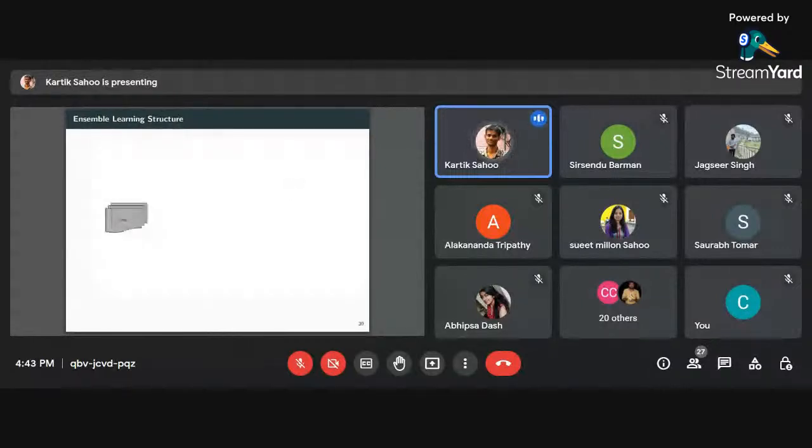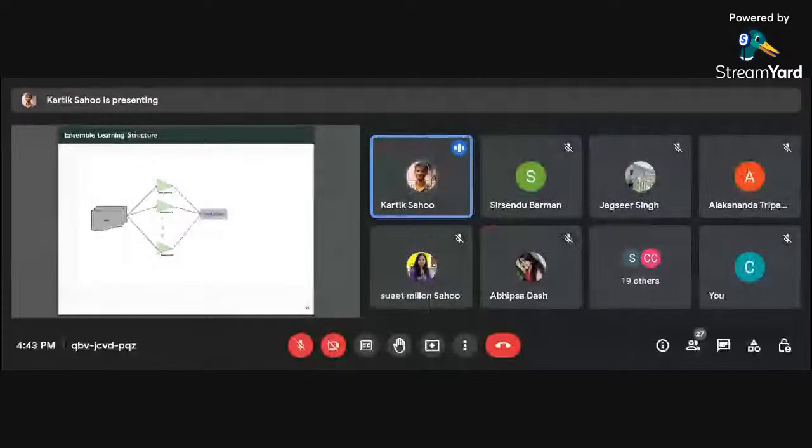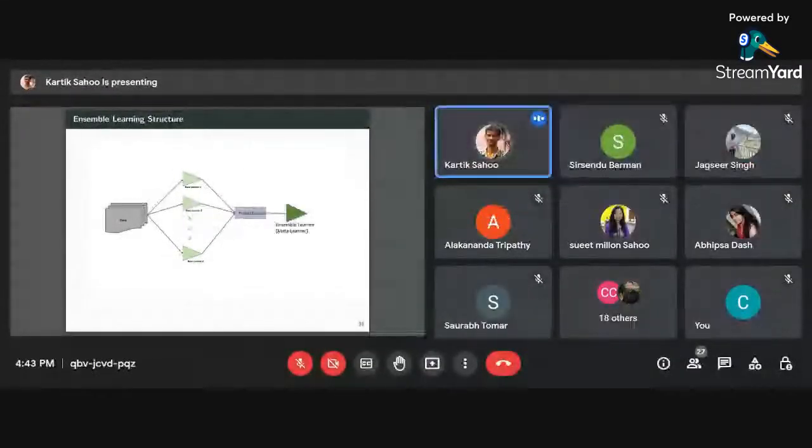Suppose we have data and base learners, like SVM, random forest, some LSSVM, some PSVM, some ANN. We train these models using the data, then combine their predictions and take them to a meta learner, that is our ensemble learner.